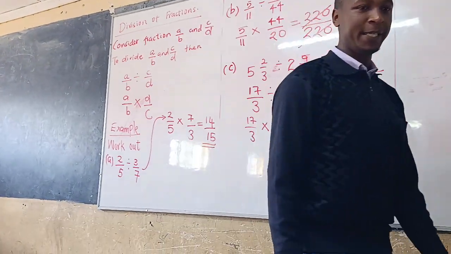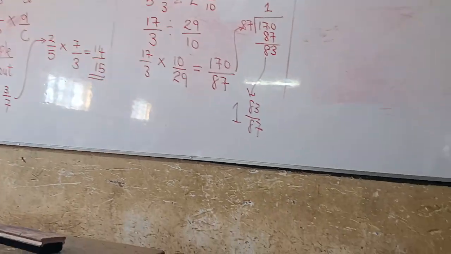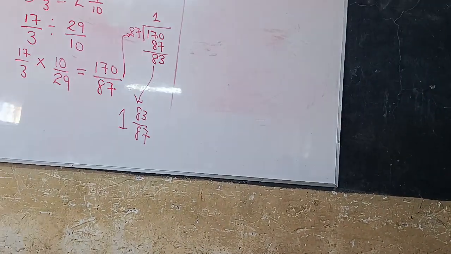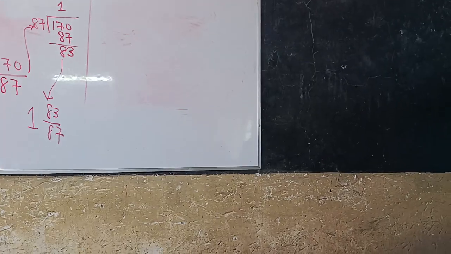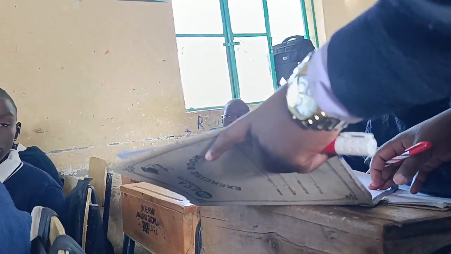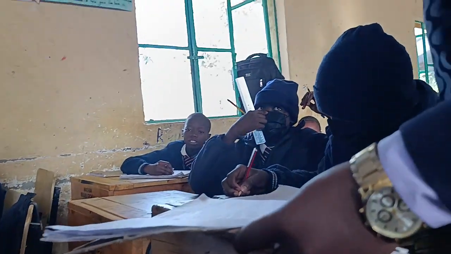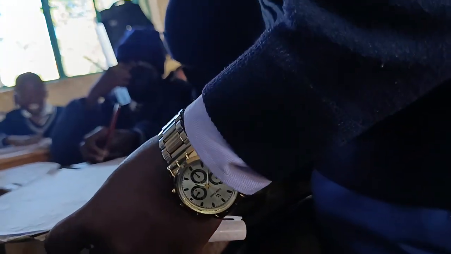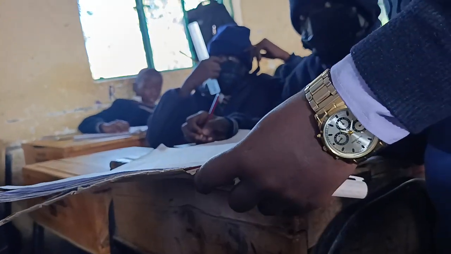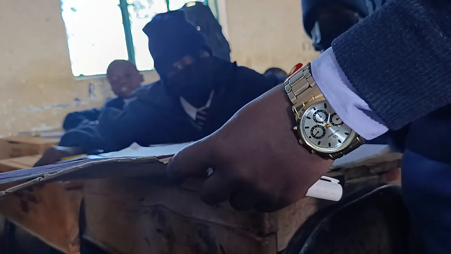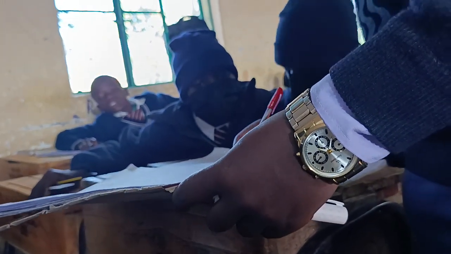Somebody, I see somebody here. Near the part, that's it. Now you have to simplify this, okay? Simplify. By 2, 100.